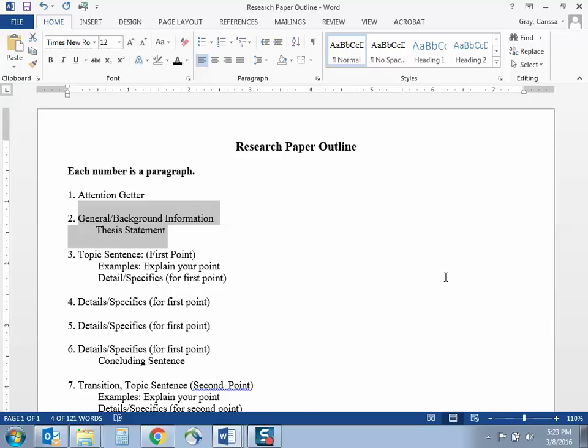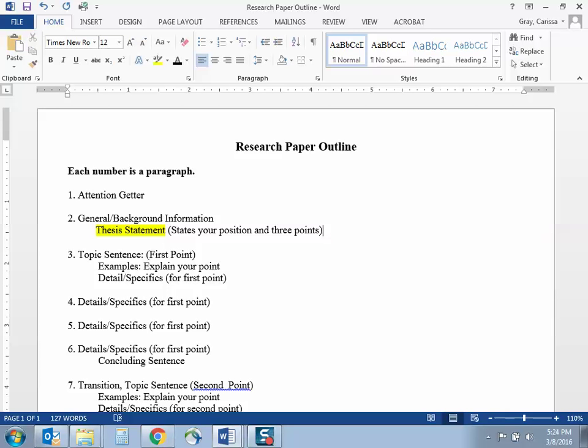Now, at the end of this paragraph is when I'm looking for the thesis statement. The most important sentence in your essay is the thesis statement. It is the main idea. It states your position and states your 3 points. So if you're for affirmative action, you should say something like, affirmative action should stand in America for, and then you would give your 3 points.